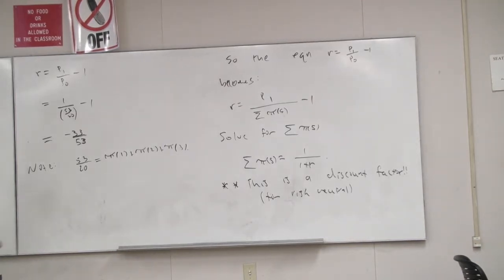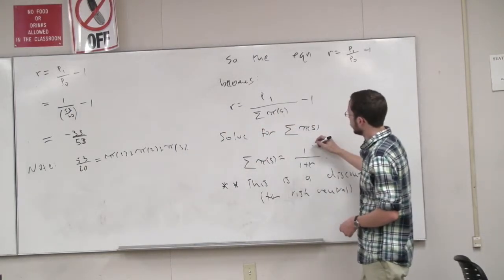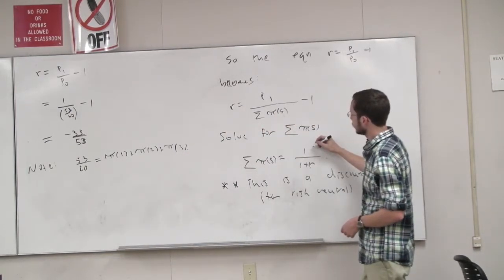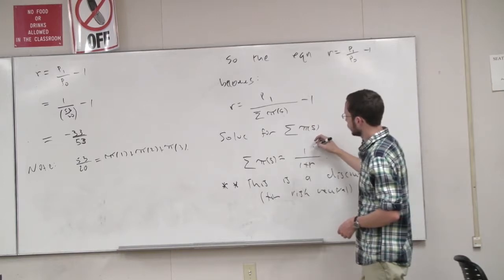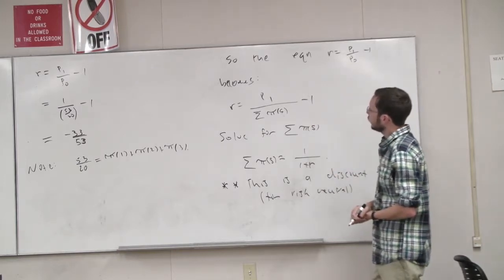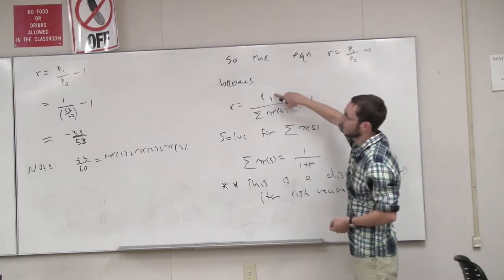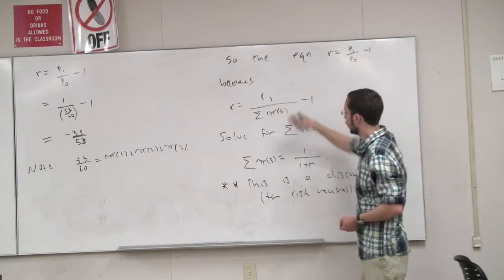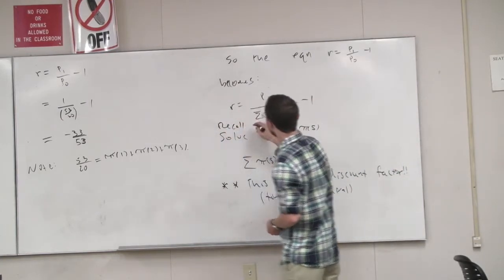Yeah, in my notes, I dropped that by mistake, so it should be P sub 1. Implicitly I'm using the fact that P sub 1 is equal to 1.